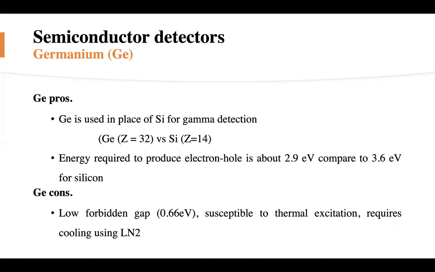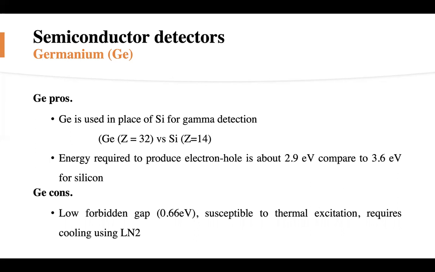It has disadvantages or drawbacks: a low forbidden gap, and it is susceptible to thermal excitation. The forbidden gap is the gap between the conduction band and the valence band. Forbidden means the electron cannot be there.